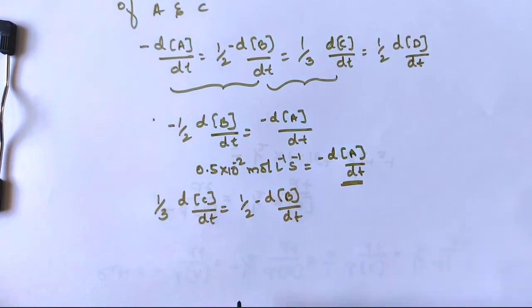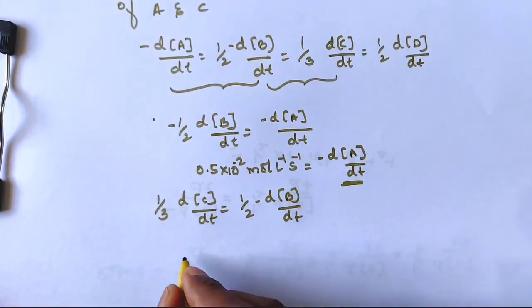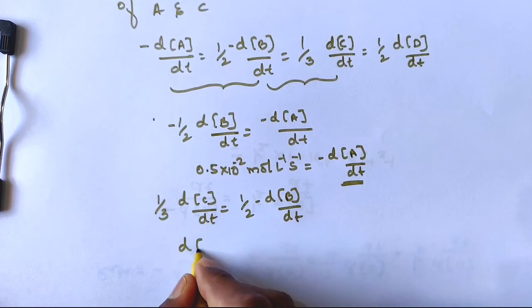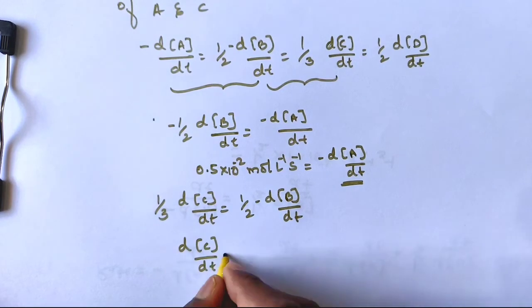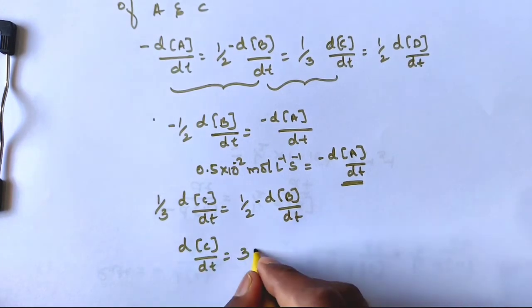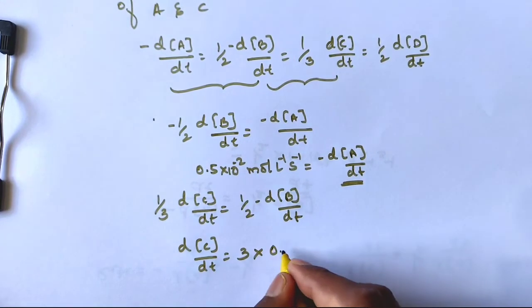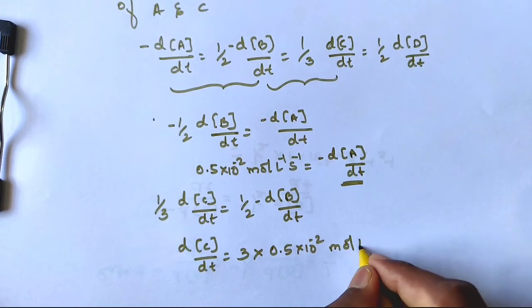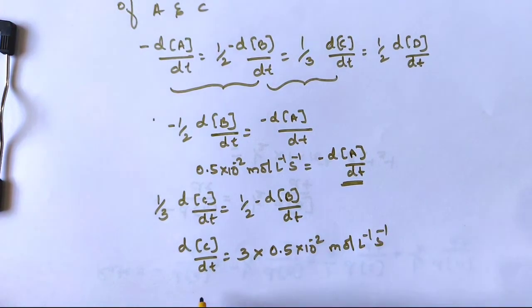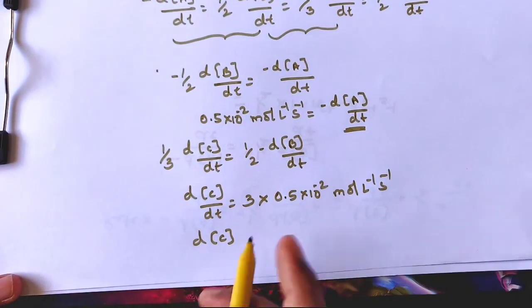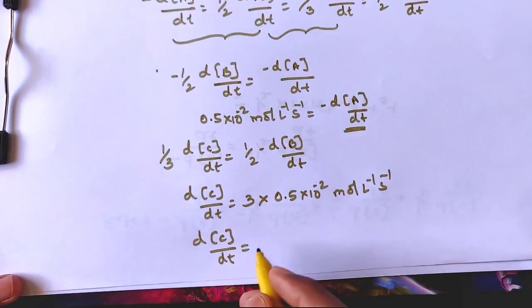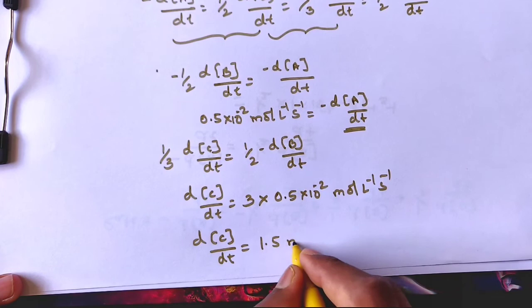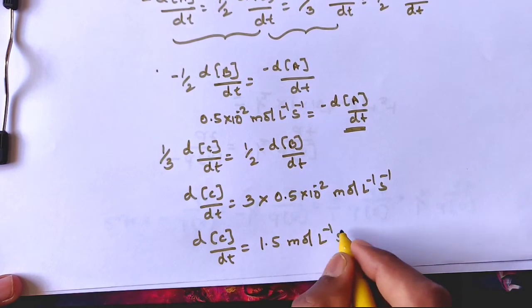So this we already know. If you want to calculate the change in concentration of C, that is equal to 3 into, we already know, 0.5 into 10 to the power of minus 2 mole per liter per second. So that gives the change in concentration. So d[C] upon dt will be 1.5 into 10 to the power of minus 2 mole per liter per second.